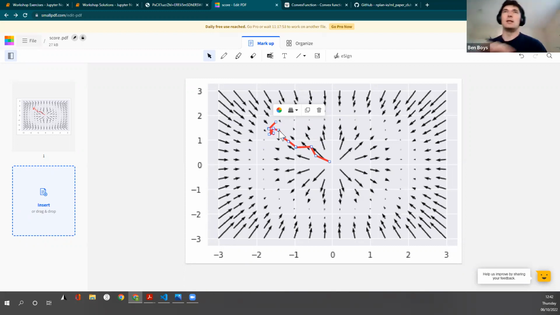One of them is that when I'm going through these dynamics, I can move quite quickly in one direction. But once I get to this potential well here, it takes a very long time to move slowly around the edge of the circle.